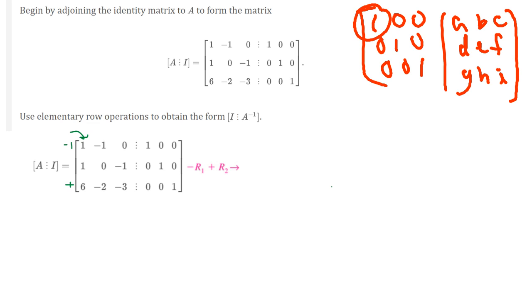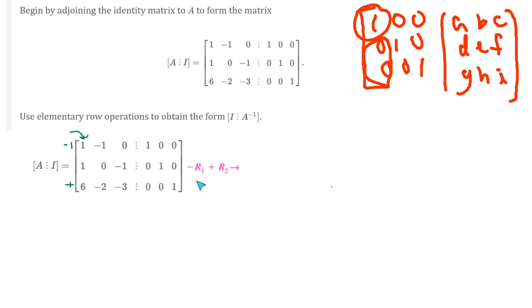And now we're going to use this 1 to make everything below it a 0. And so if we look at our matrix, we have our 1, so that's good. Now we're going to make this a 0. Well, in order to make this a 0, we can add the rows if they have opposite signs. So first I'm going to take -1 times 1, and if I add it to 1, then I end up with a 0.